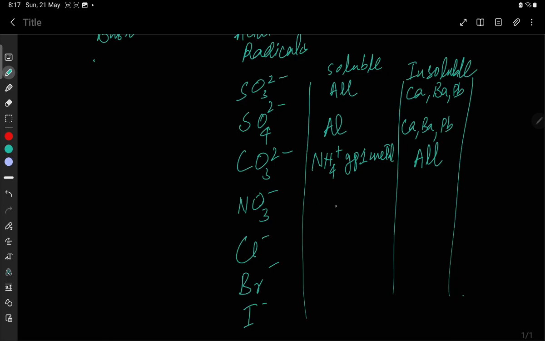All nitrates are soluble. All chlorides are soluble except silver and lead.